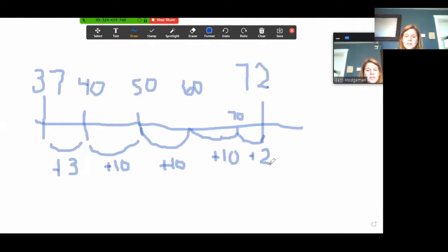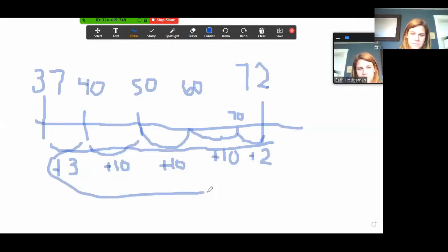So all these numbers are the numbers that I jumped, or the small little distances that I went that eventually got me to the 72 mile marker. So if I add up all these numbers, it will tell me how many miles I rode altogether. I'm going to add up the 10s first. 10, 20, 30, and then 3 and 2 is 5.